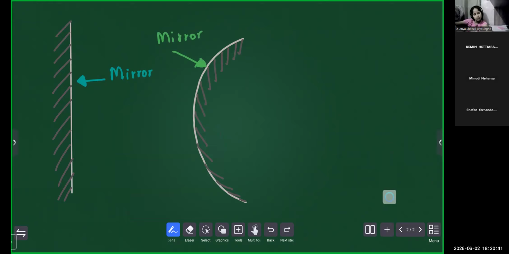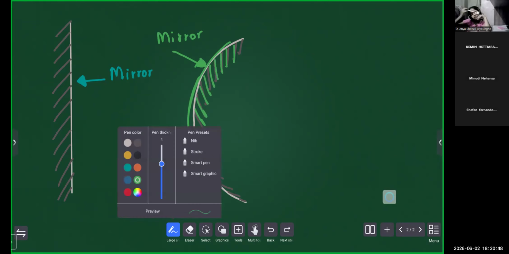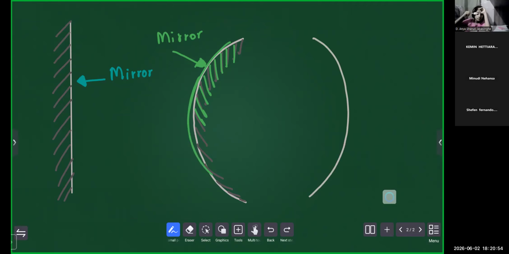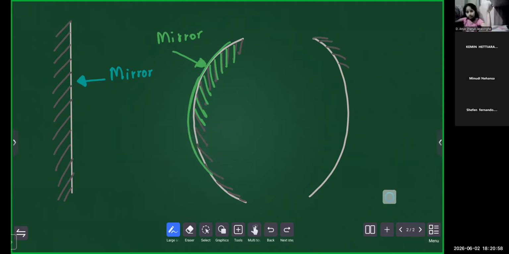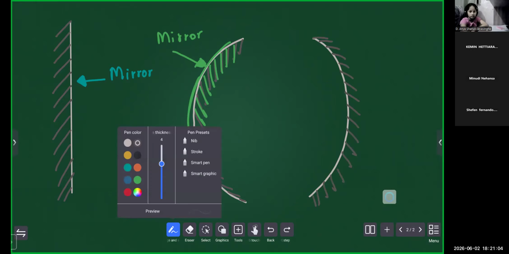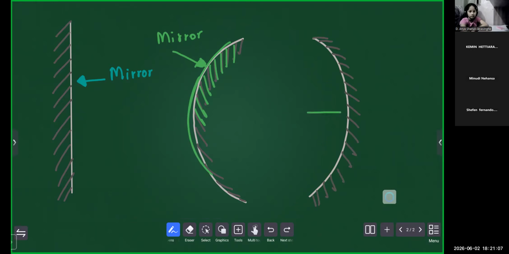This is the shiny side because we apply mercury on the other side. And the next one. Here we are going to apply mercury on this side, like your shiny spoon. If we apply mercury on this side, we have to look from this side. So here's the concave mirror.